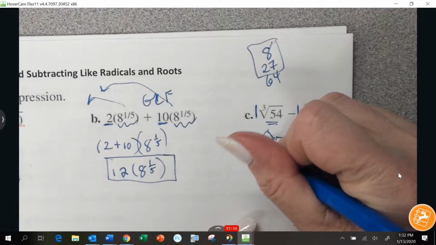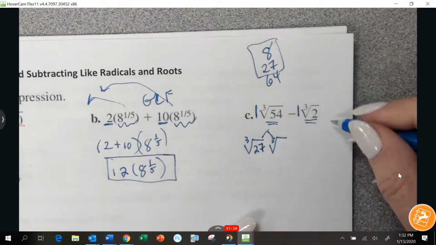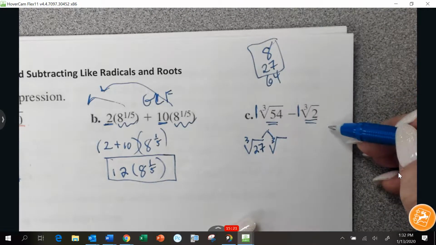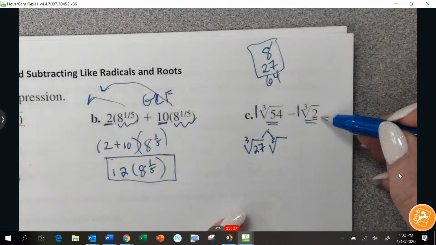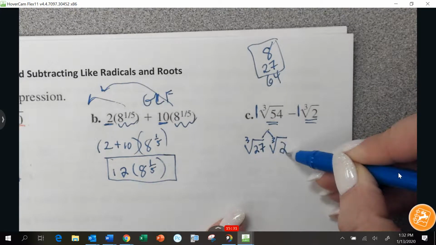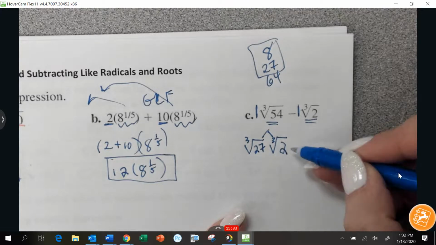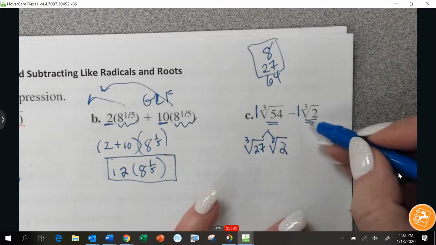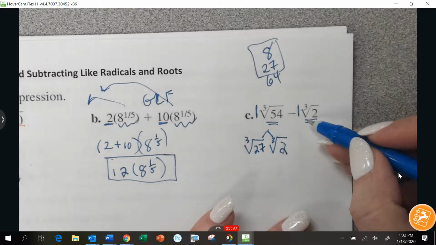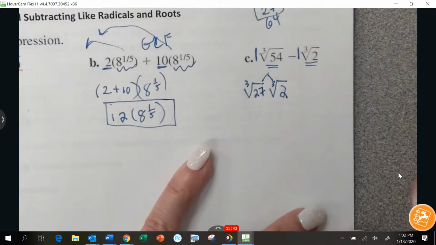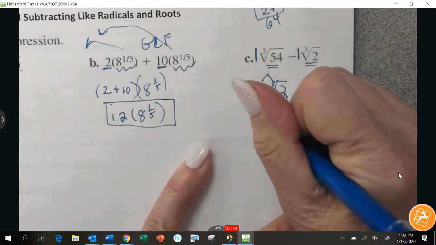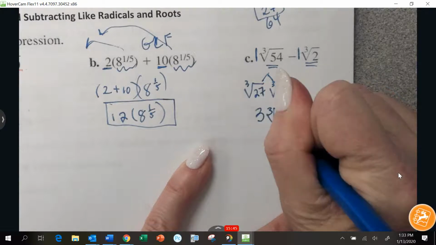Here's a hint: if you're getting problems from the book, they usually come out pretty nice. This is a 2, so if I want to make like terms, there's probably going to be a 2 cubed. I divide by 2 and get 27, and I'm like, oh, that is the perfect cube. So I have 3 cube root of 2 minus 1 cube root of 2.